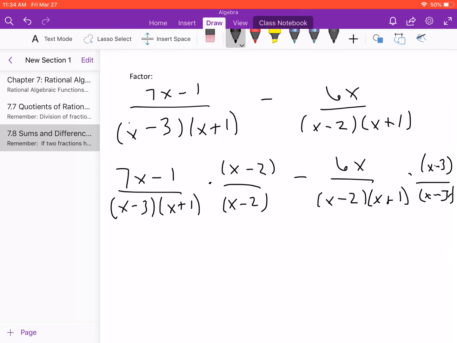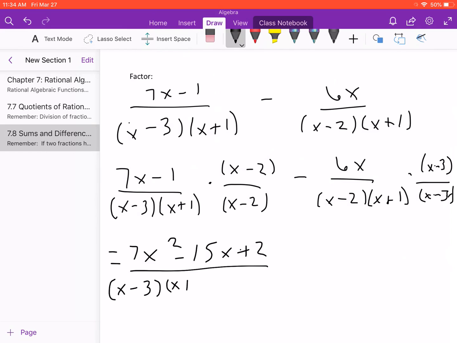And I can combine my numerators. So (7x minus 1) times (x minus 2) becomes 7x squared minus 15x plus 2, all over (x minus 3) times (x plus 1) times (x minus 2).